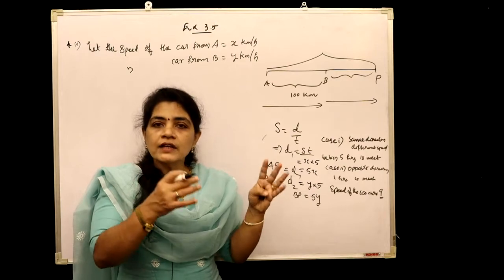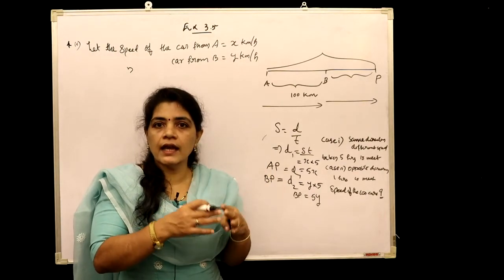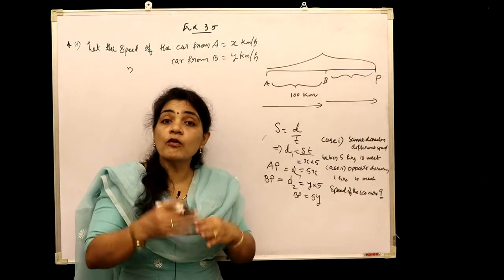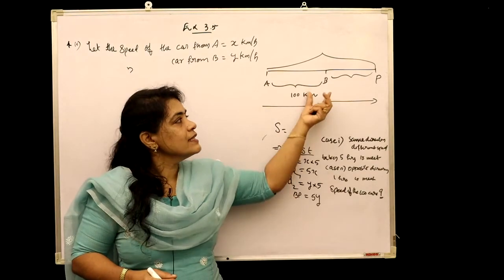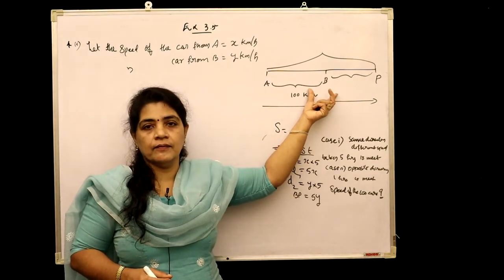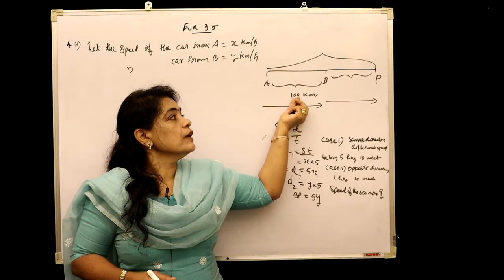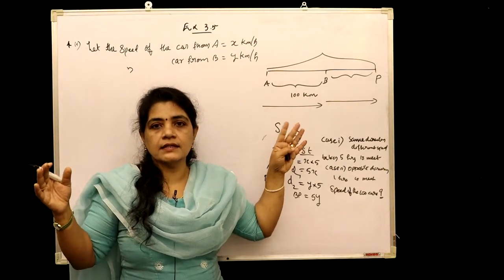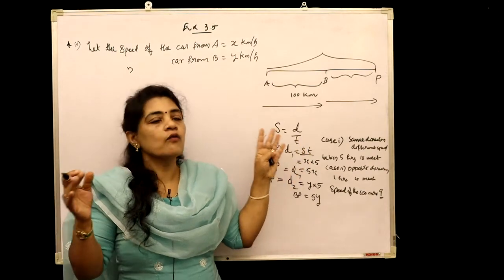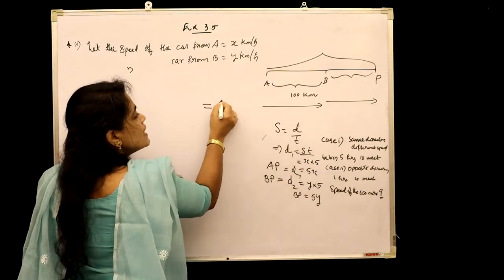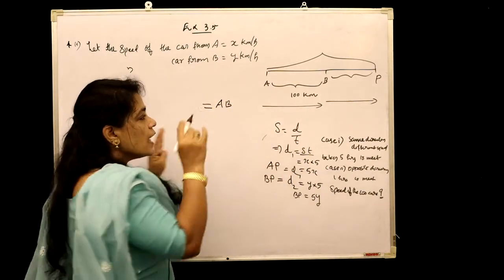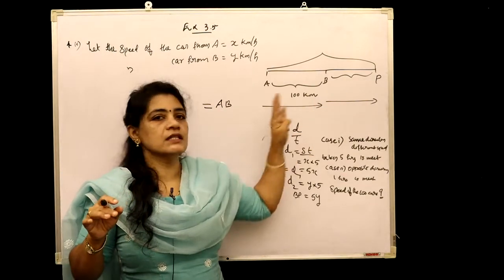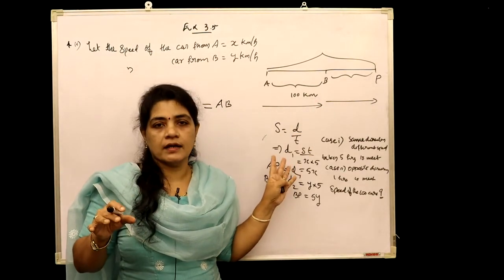Here we have the distance travelled by car A and car B, and how can we form the equation? For that, you look into the figure, children. Here AB is given, the distance between the two places, that is 100. How can we write AB with respect to the distance travelled by the two cars?